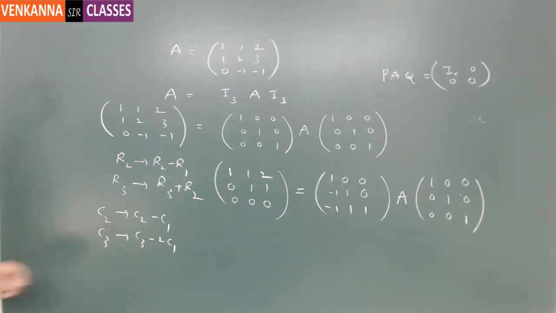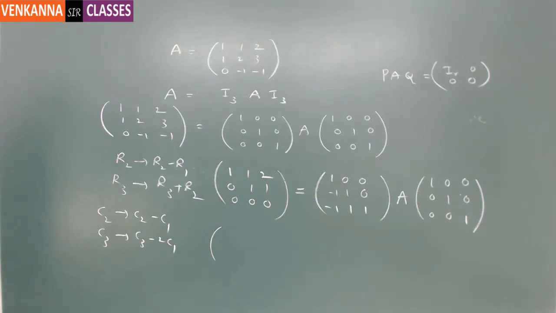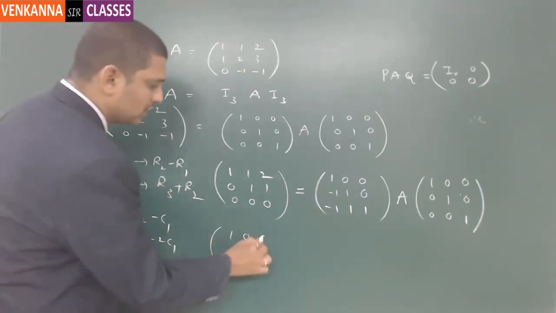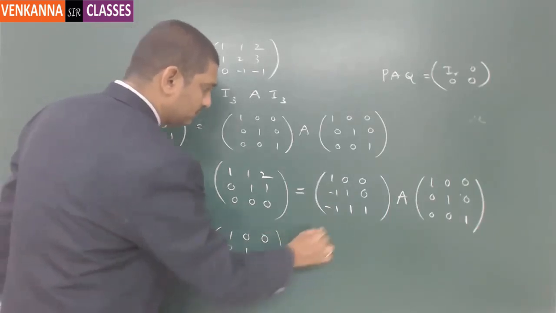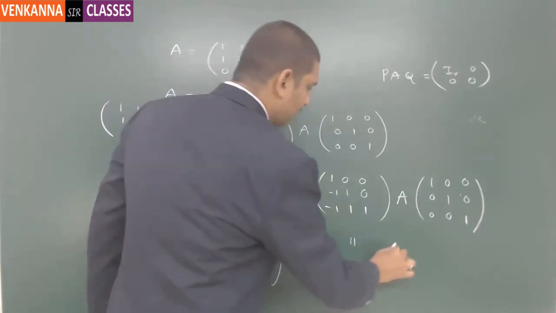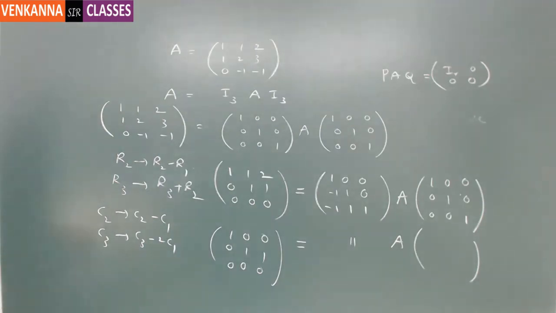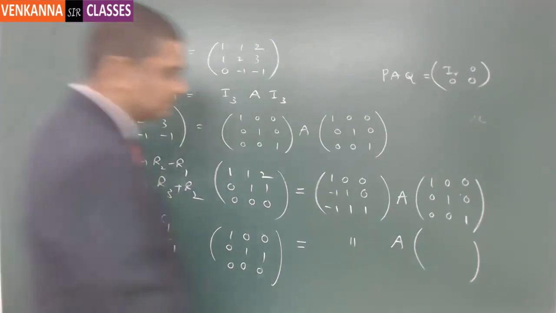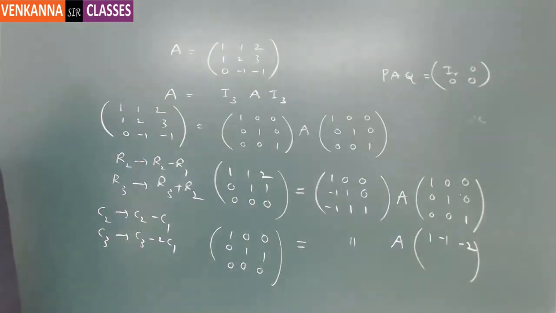So while applying this, it will become 1, 0, 0, 0, 1, 1, 0, 0, 0, and this matrix is same, and you are doing the modifications here. So you will get the matrix as 1, minus 1, minus 1, 1, minus 1, minus 2, and then 0, 1, 0, 0, 0, 1.